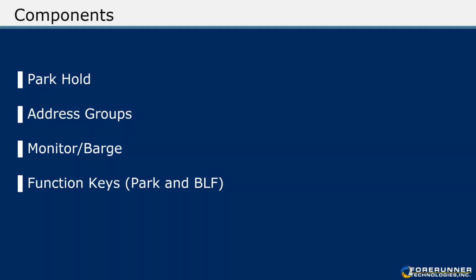Finally, we will take advantage of the possibility of certain brands and models of phones to assign programmable function keys, to assign keys for park and for busy lamp field for easy operation of this feature.